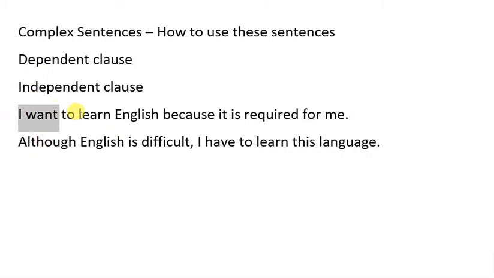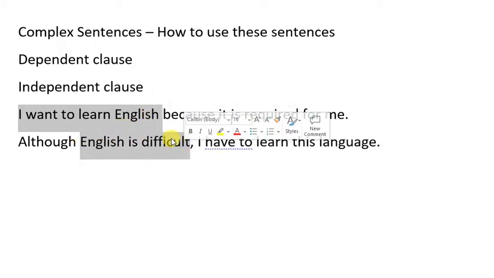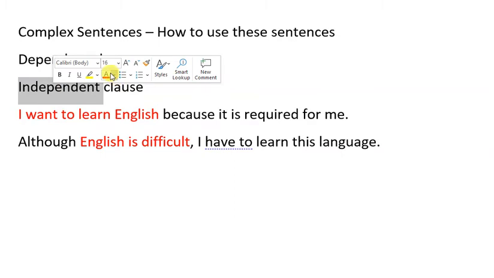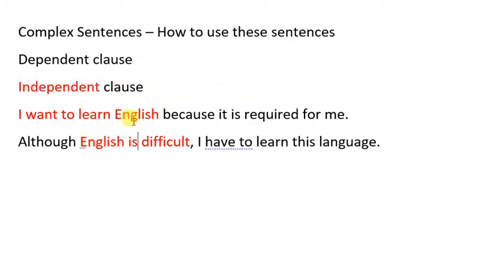In this, I want to learn English and English is difficult. These two sentences are independent clauses. Why independent? Because if I just delete the other part, I want to learn English has complete meaning without the rest of the sentence.